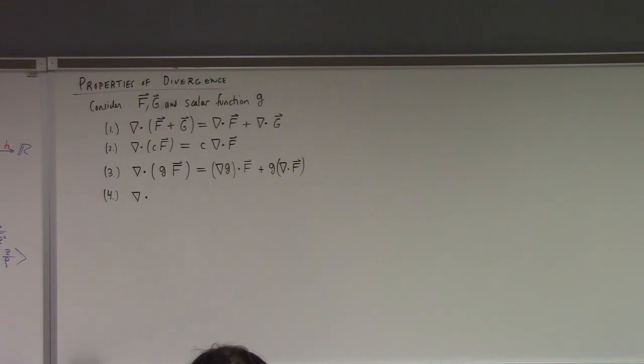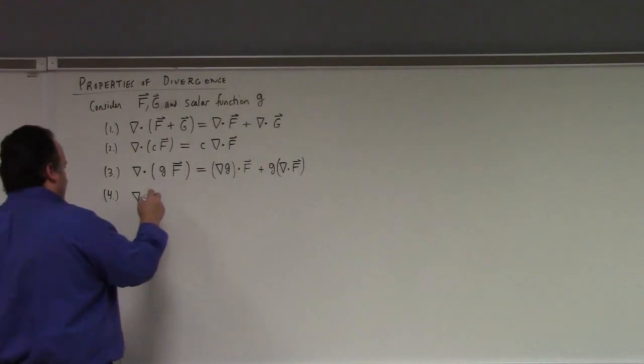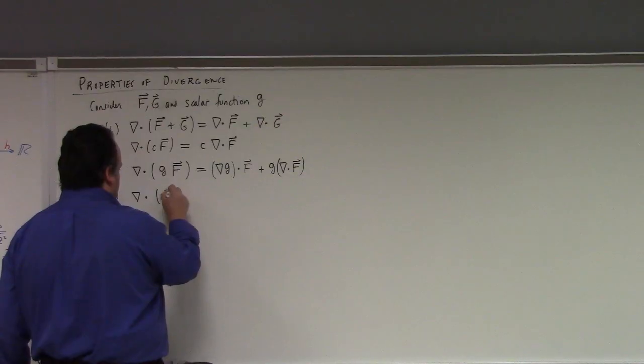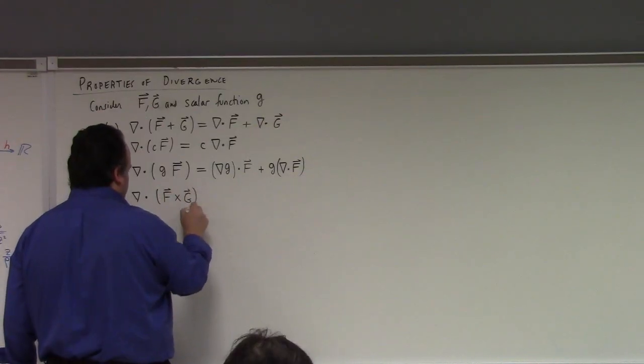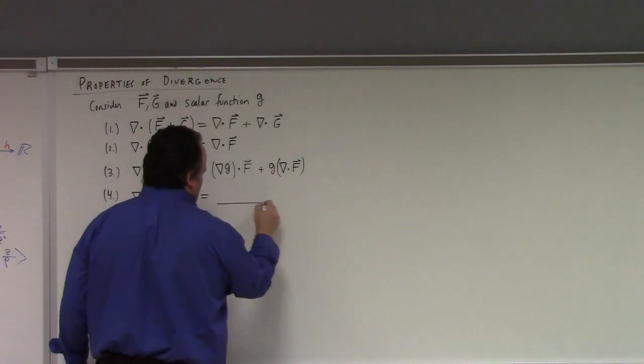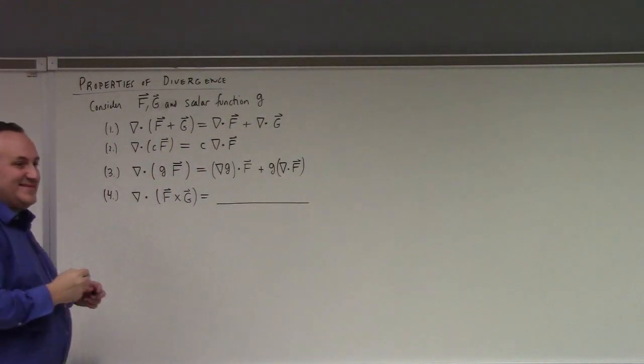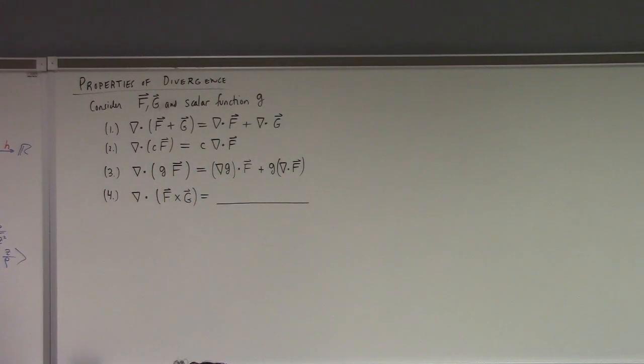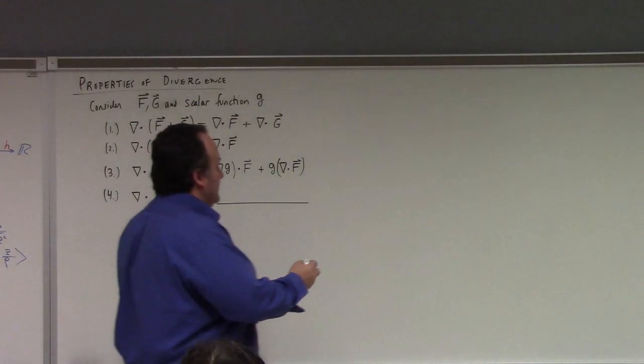How can you take two vectors and make another vector? Cross product, yeah. So we could do this, and I'm going to leave a blank here to fill in. We're going to work that out because that's not obvious. All right, so let's look at the proof of these. I'll do 1 and 2 together.